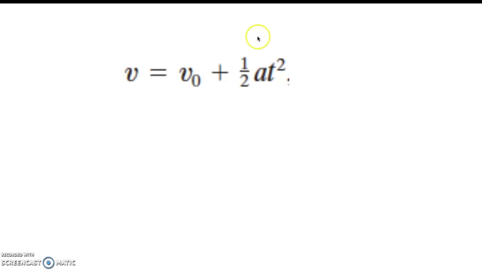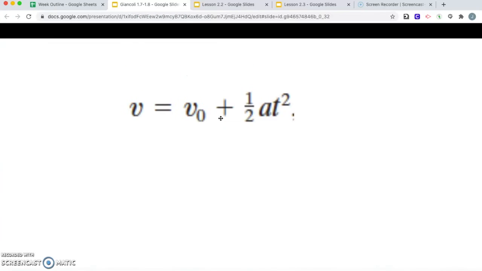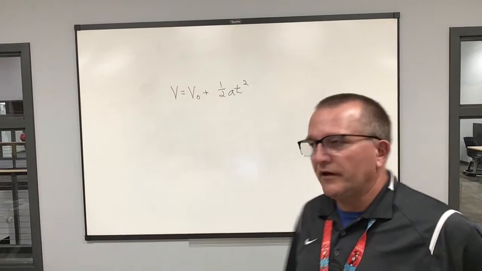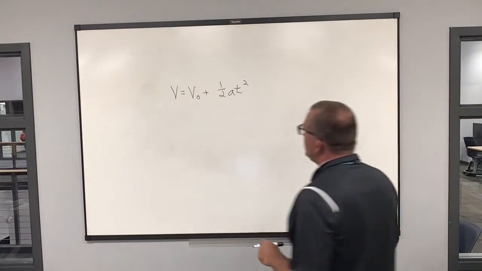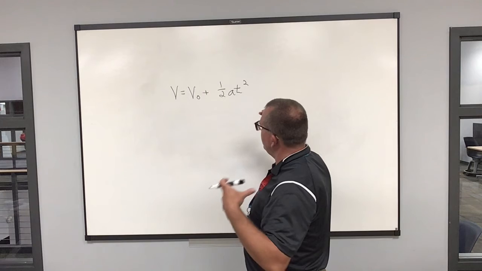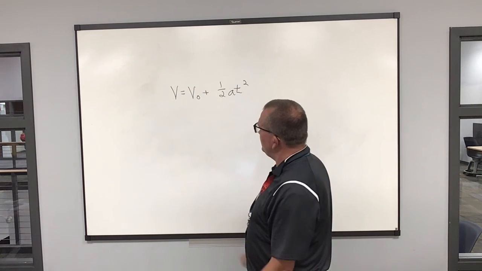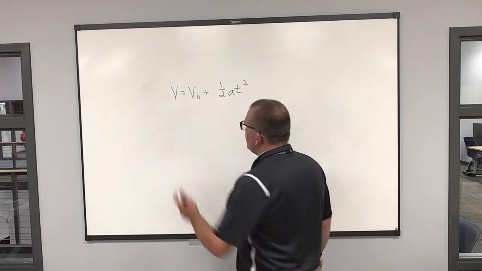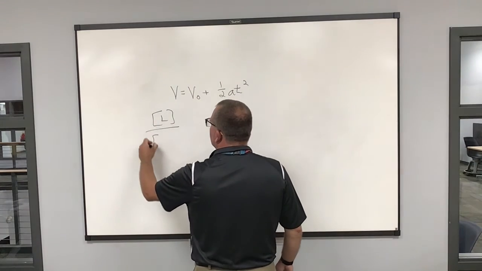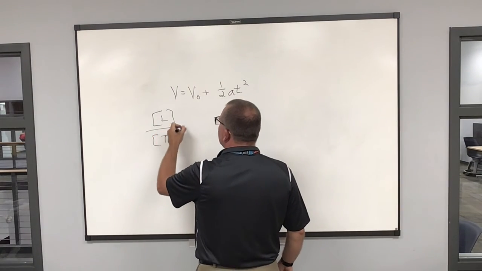But let's say, for example, we see this equation. And we do this problem. Okay, so here we have an equation. We just want to see if the units cancel out properly to give us what we need. So V, velocity, we know the velocity units are length over time.